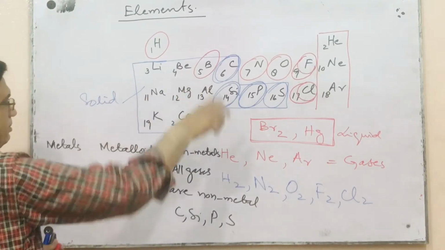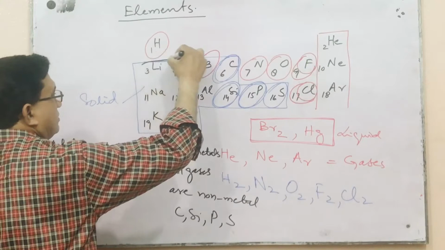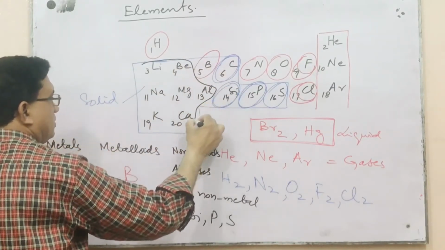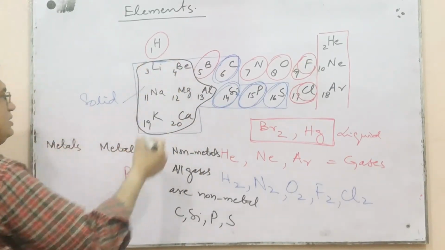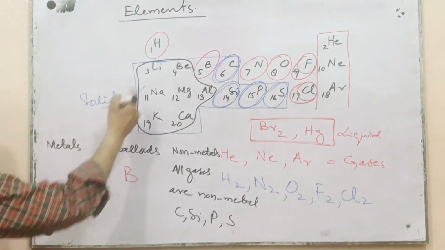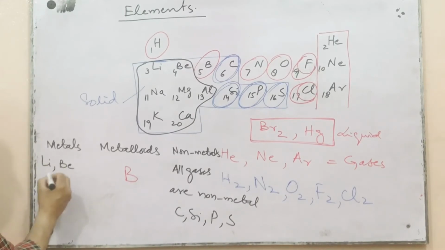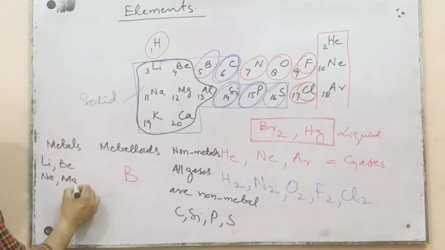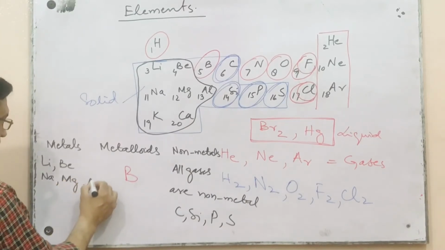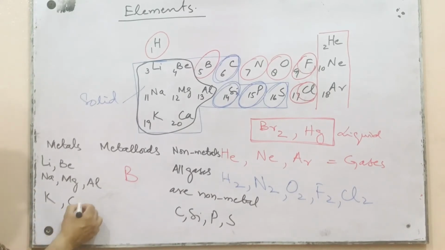Rest of all the elements from this to this, all these are metals. Metals include lithium, beryllium, sodium, magnesium, then aluminium, then potassium, and then calcium.